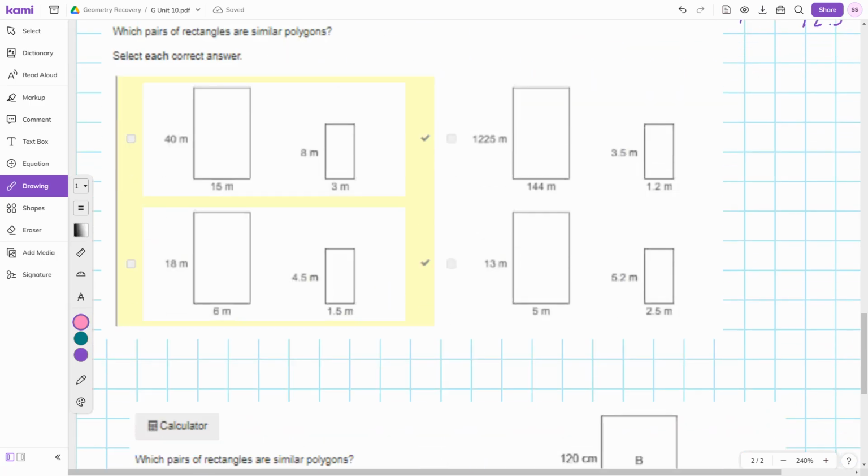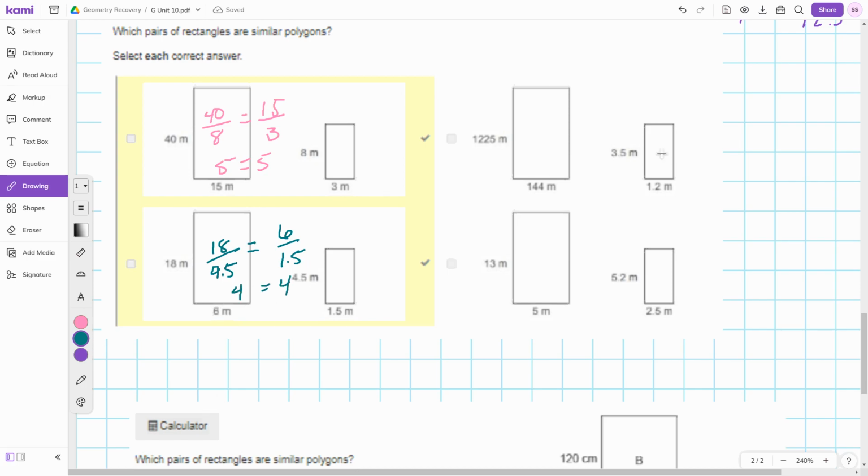All right, let's go to the next one. Now you're doing quadrilaterals. It's the same thing. If they are similar, then the ratios will be the same. Okay? So in your calculator, you should be able to do 40 is to 8 as 15 is to 3. Notice that both of these are 5. 18 is to 4.5 as 6 is to 1.5. Both of these are 4.